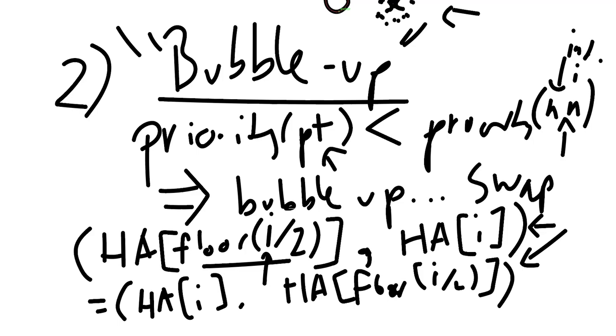Okay, so we have that out of the way. Are we done? Well, remember, we bubbled up here for a reason, and that was to make sure that the max heap property was retained. So if the max heap property is okay now, then in fact we're done.